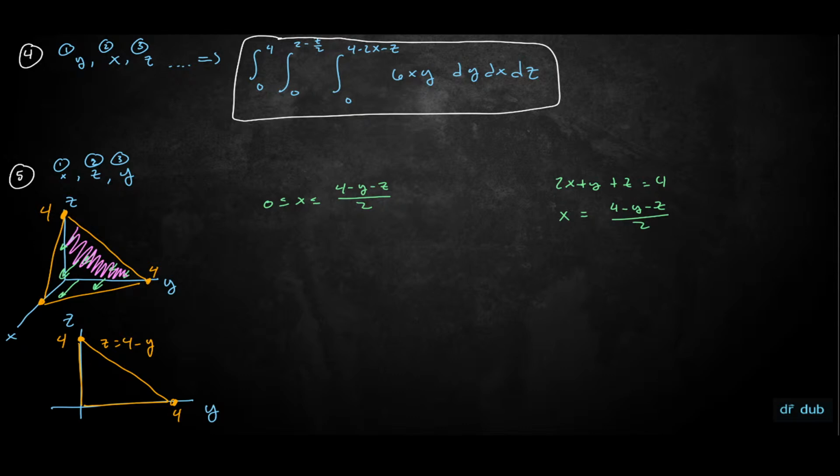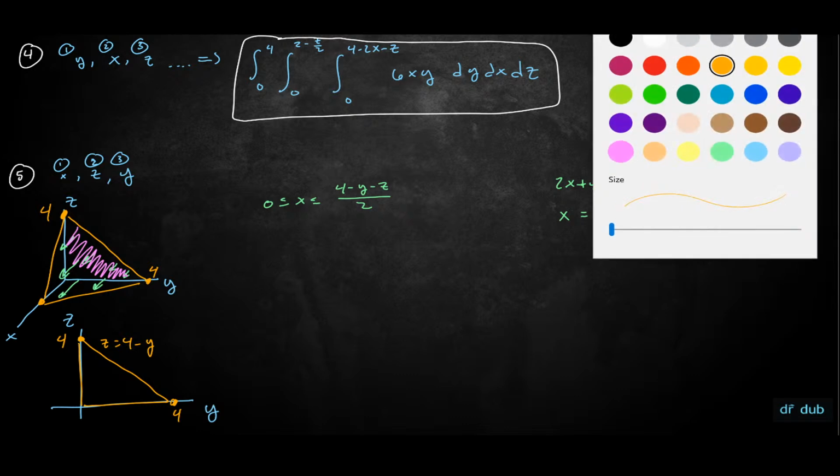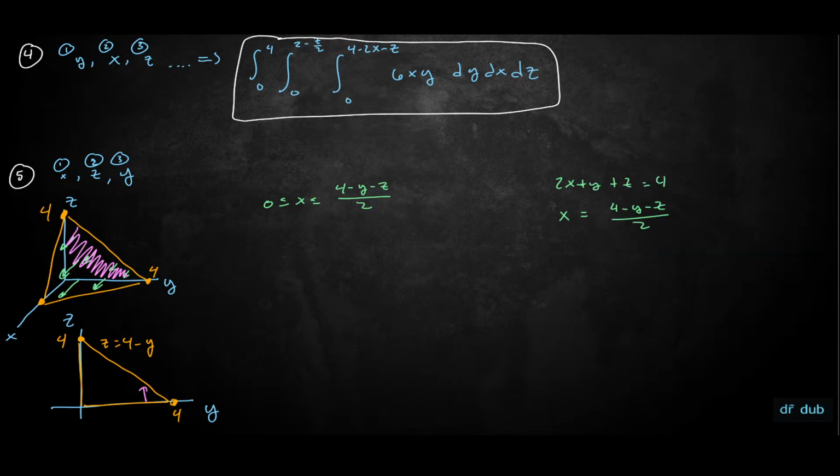So y is going from 0 to 4, while z goes from 0 to the line. So 0 less than or equal to z less than or equal to the line, and then 0 less than or equal to y less than or equal to 4. And that line equation is now z equals 4 minus y.